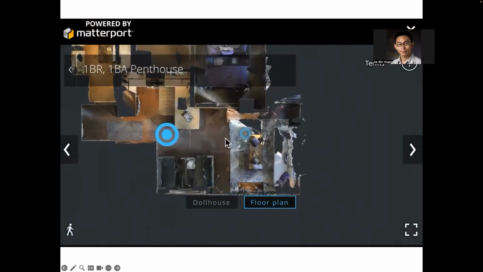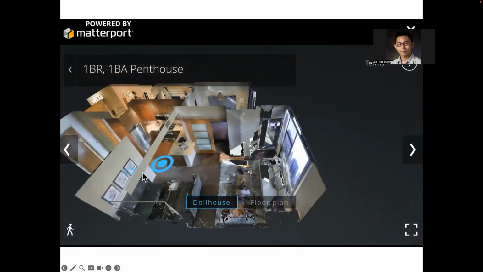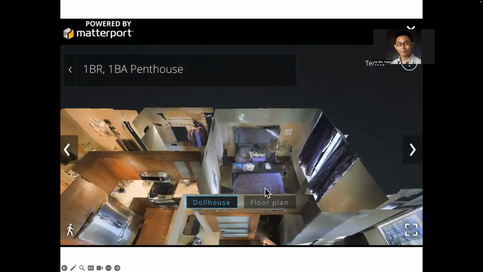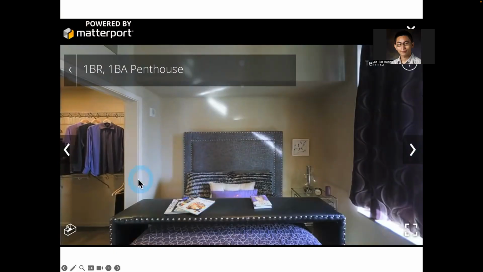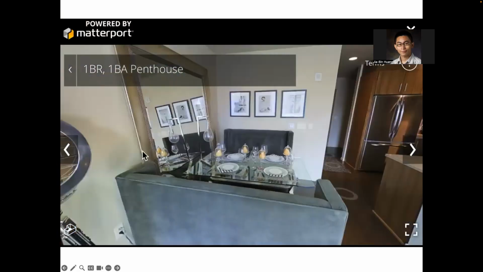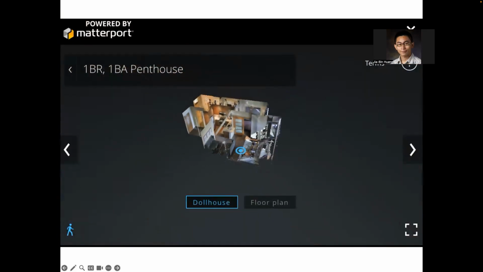Another application is the virtual tour. So you want to sell a house, you want to buy a house, and you want to be able to see what's going on in the house. So this is the application, right? If you do the 3D reconstruction, you can view what the home looks like.